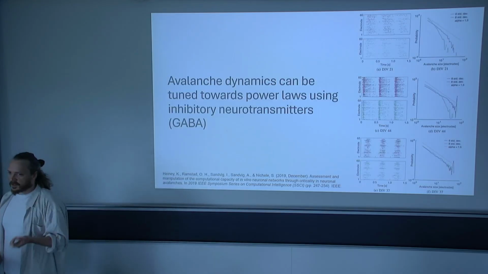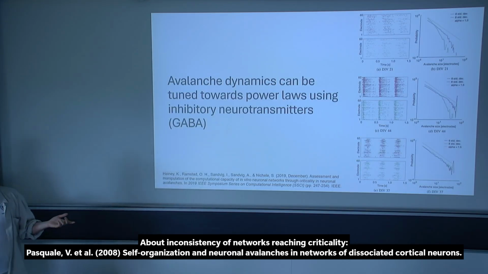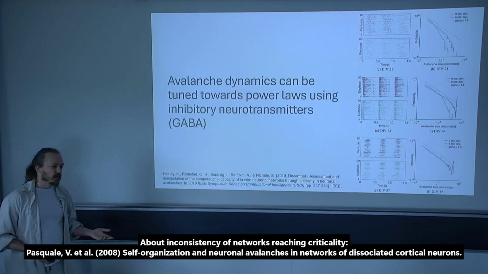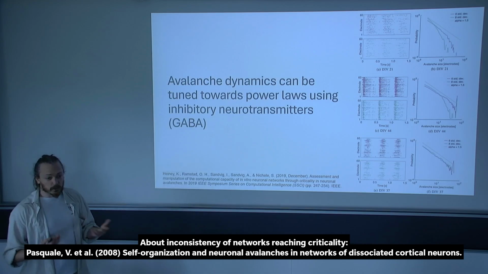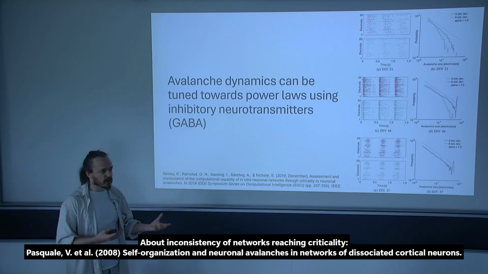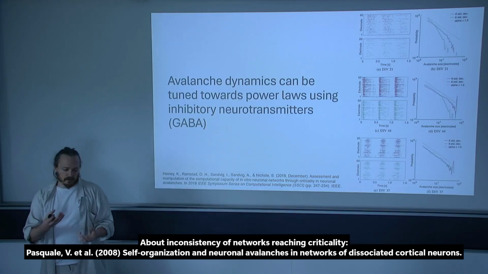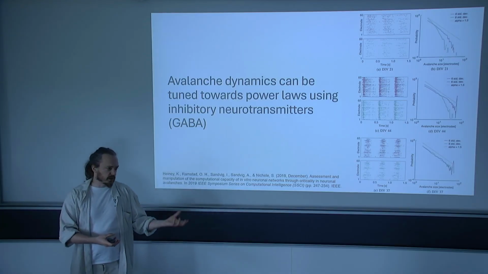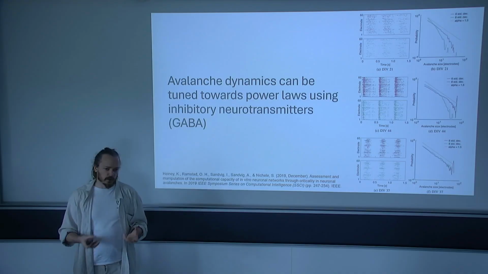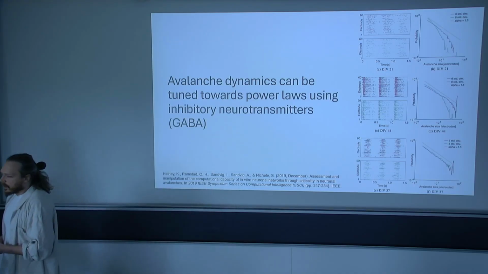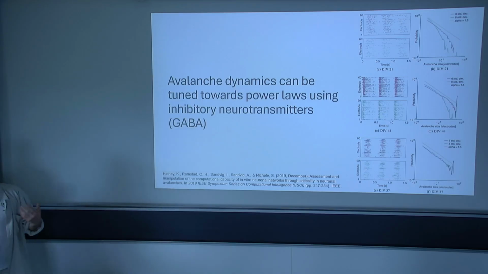One of the issues here is that our in vitro networks sometimes do reach a critical state, sometimes don't. So we also need to find methods of tuning them. Usually, when you start out, you would do this by fixing the ratio of excitatory to inhibitory neurons. You usually mimic the cortex ratio. But still it's not consistent.